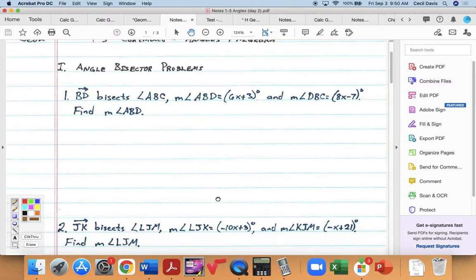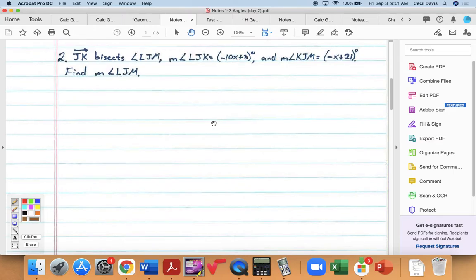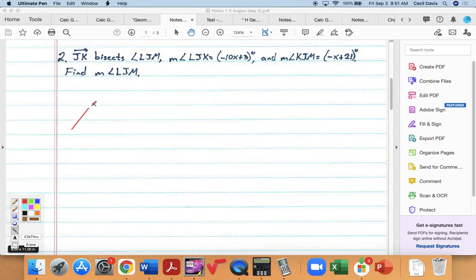All right, let's take a look at the next one. It says that JK bisects angle LJM. So again, I need to draw a picture for that. And again, if any of you are like, I'd like my pictures to be neater, there's rulers in the back. Help yourself if you would like to use one.